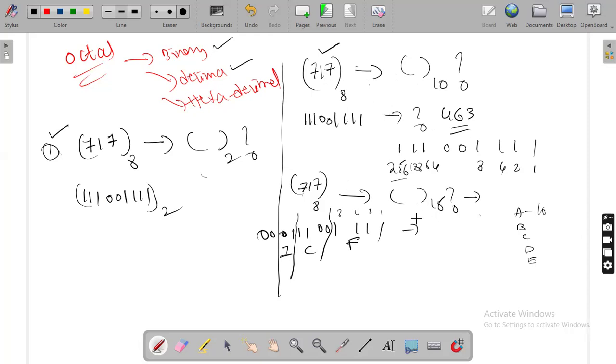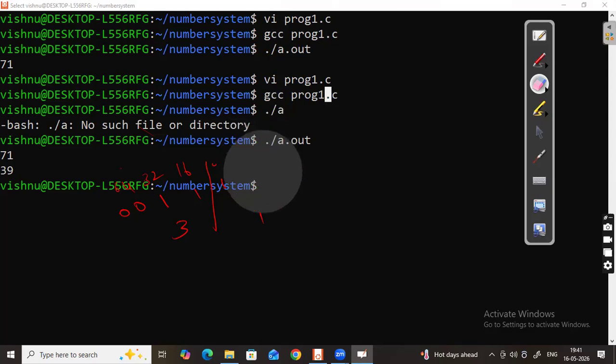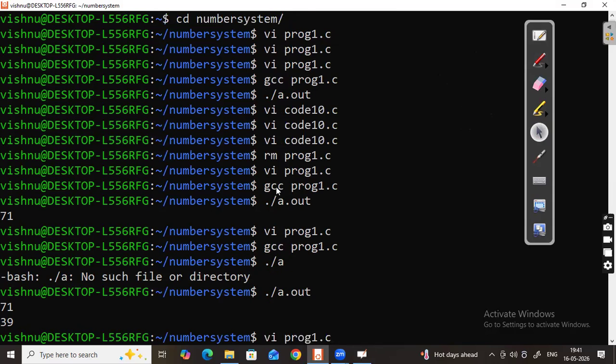We'll see this. You have to give the octal input 717 and print this. Now see here. vi prog2.c.